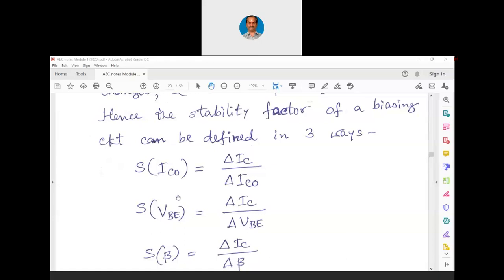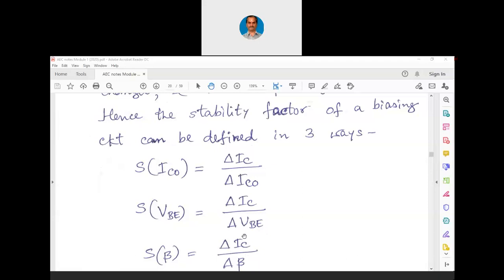Similarly, the stability factor with respect to VBE, that is S of VBE, equals delta IC by delta VBE, which means the rate of change of collector current with respect to the rate of change in VBE. Lastly, S of beta or stability factor with respect to beta is delta IC by delta beta.